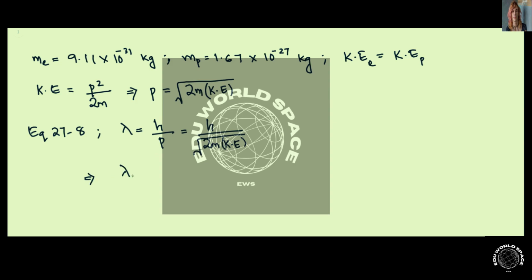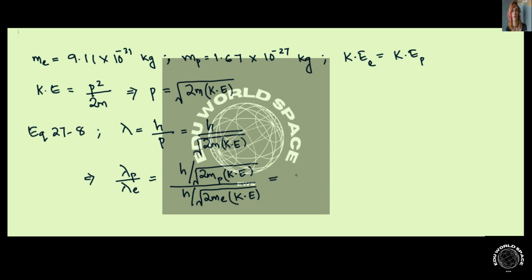So then my lambda p over lambda e will be equal to h over root of 2 m_p times kinetic energy of electron, over h over root of 2 m_e times kinetic energy. Sorry, this is kinetic energy of proton, this is kinetic energy of electron, but it doesn't matter because they both are given to be equal.